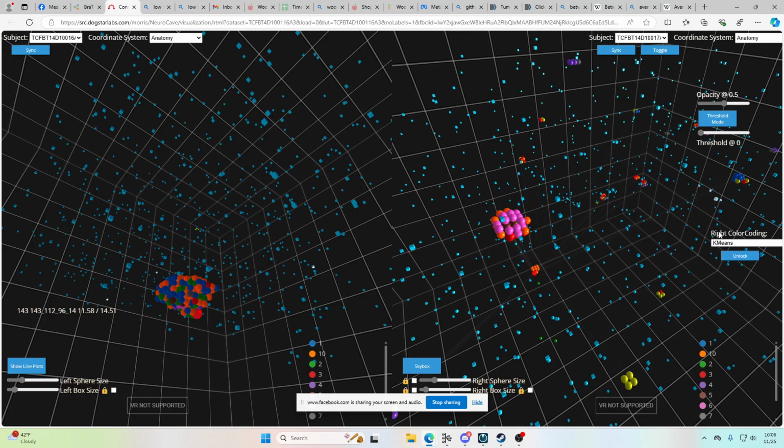I do the tumor connectome framework on it, creating a distance matrix, and then I cluster it.